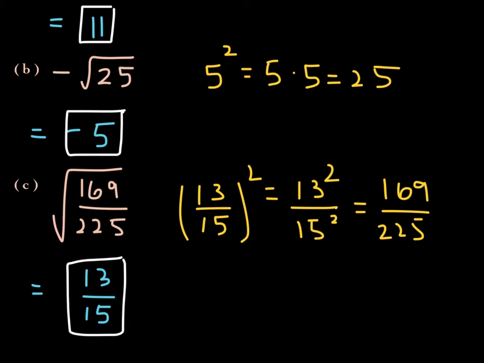Now, I do want to say something here. This was relatively easy for me to think of, okay, what number squared gives me this fraction? Because both 169 and 225 are called perfect squares, right?